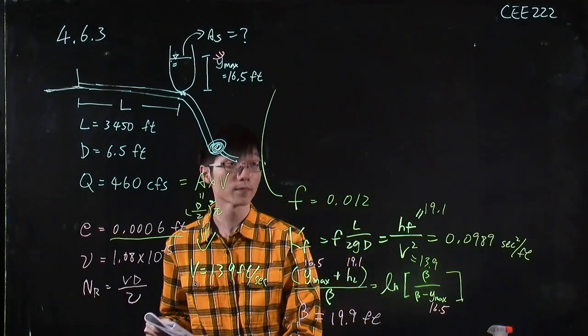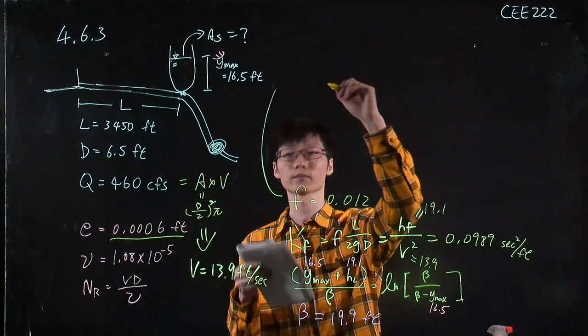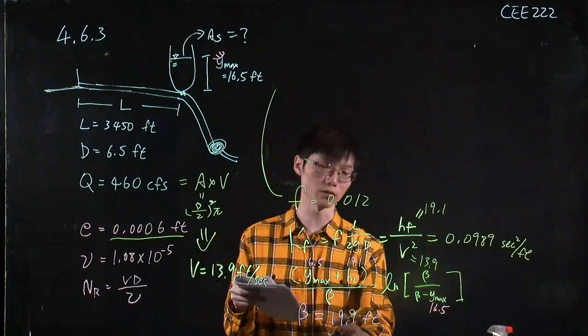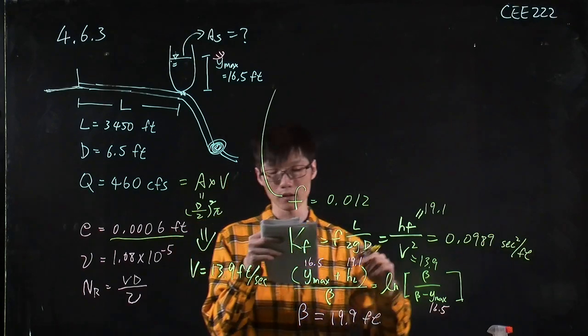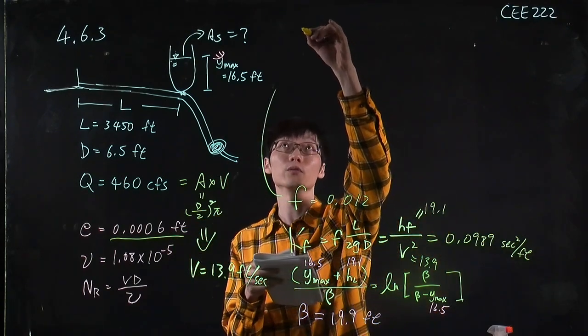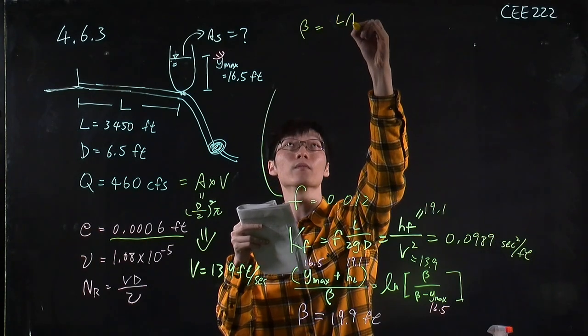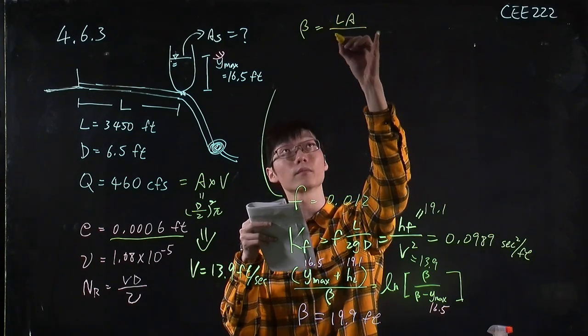Okay, let's continue. So we now know the beta, which is a damping factor, equal to 19.9, and we also know that the damping factor equals this number.